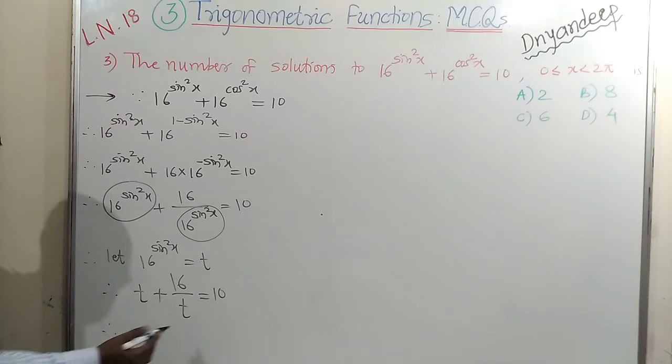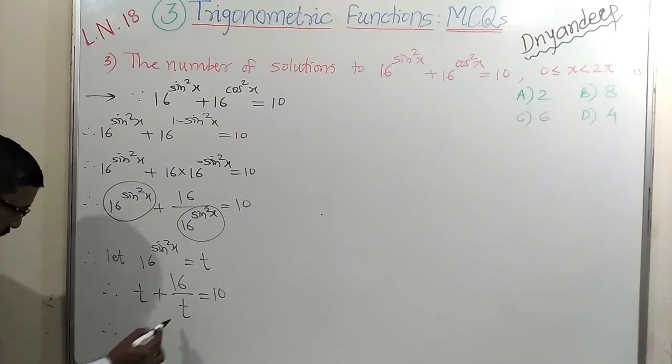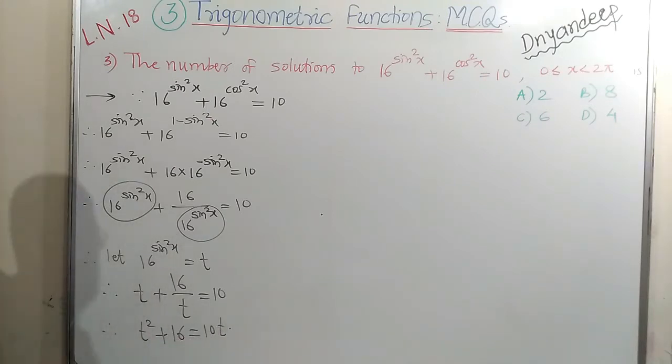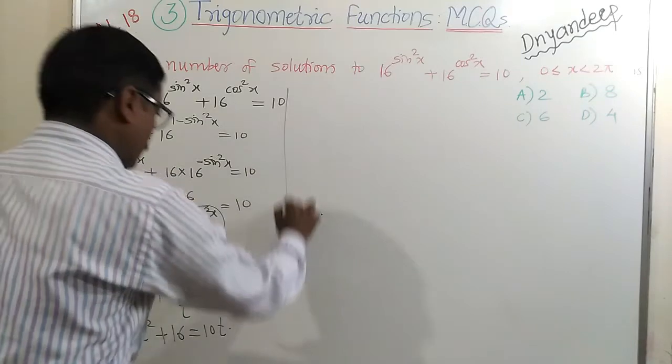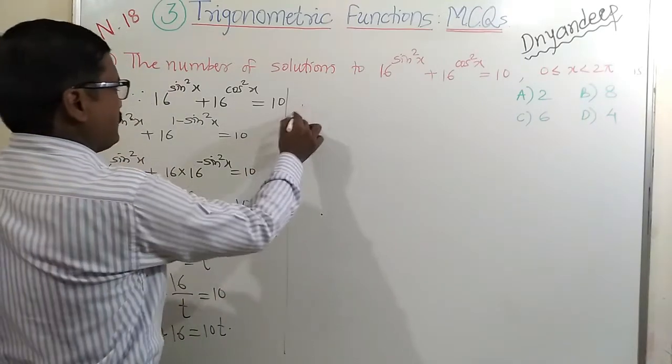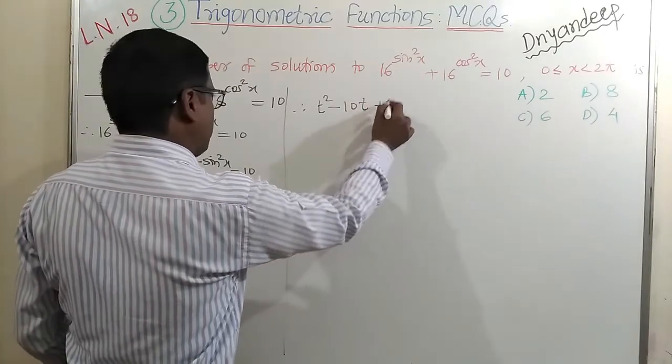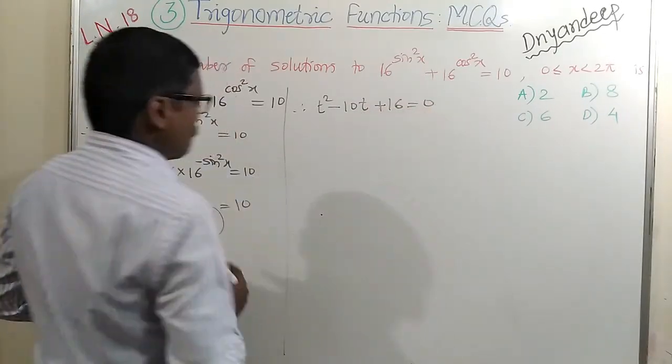Let us simplify this. t into t is t square, plus 16 equal to 10t. Now here we get t square minus 10t plus 16 equal to 0.